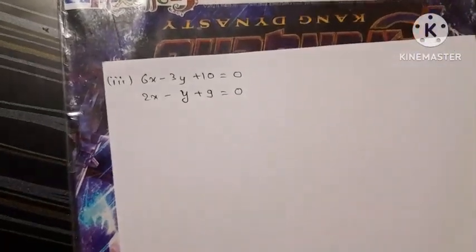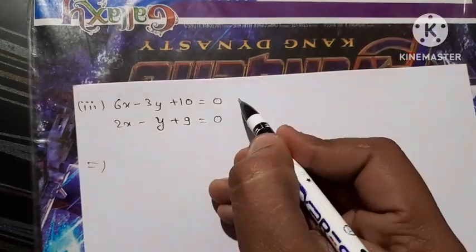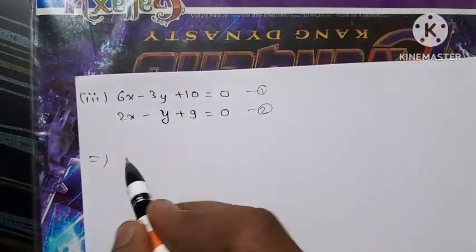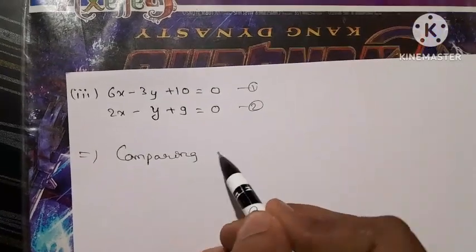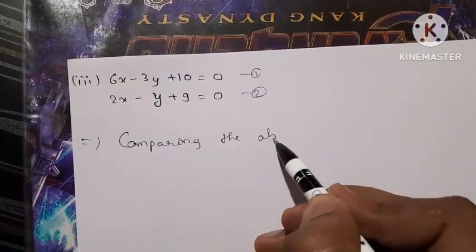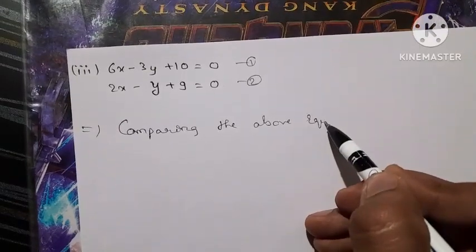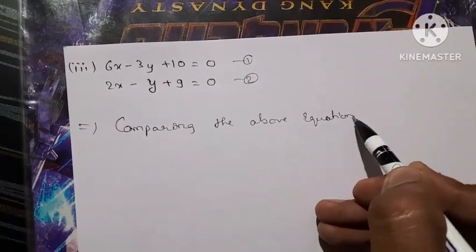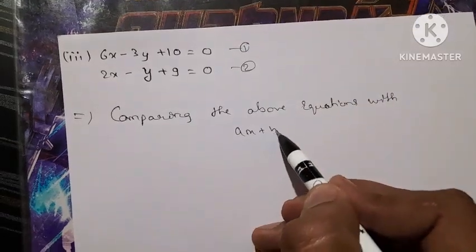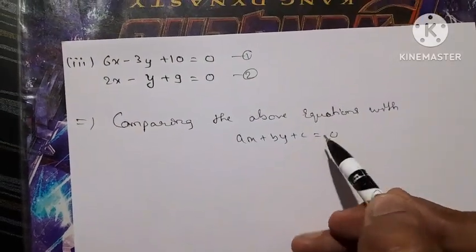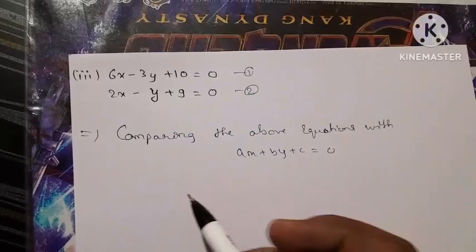So I'll begin with the third question. We have two equations 1 and 2, same thing, comparing the above equations with ax plus by plus c equal to 0. This is an equation of a straight line.